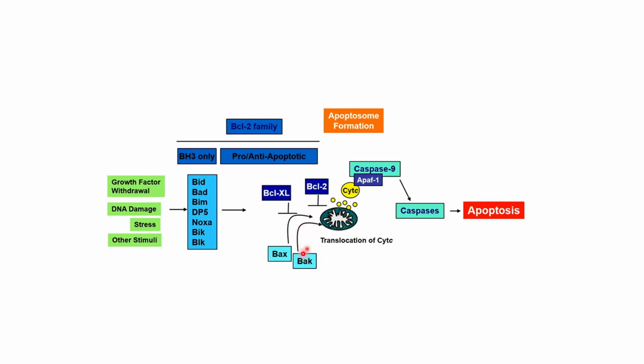And if BAX and BAK are activated, then they create holes in the mitochondria. Okay, they create a pore in the mitochondria, and through that pore, the cytochrome C is released outside the mitochondria. So the role of BAX and BAK is to form a pore on the membrane of the mitochondria so that the cytochrome C will get released.